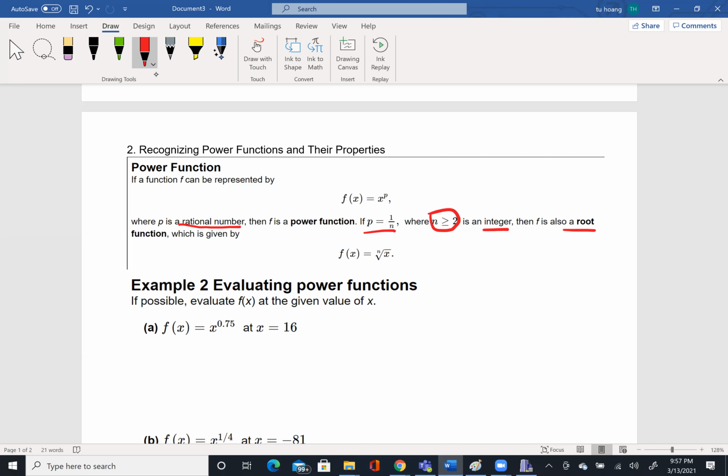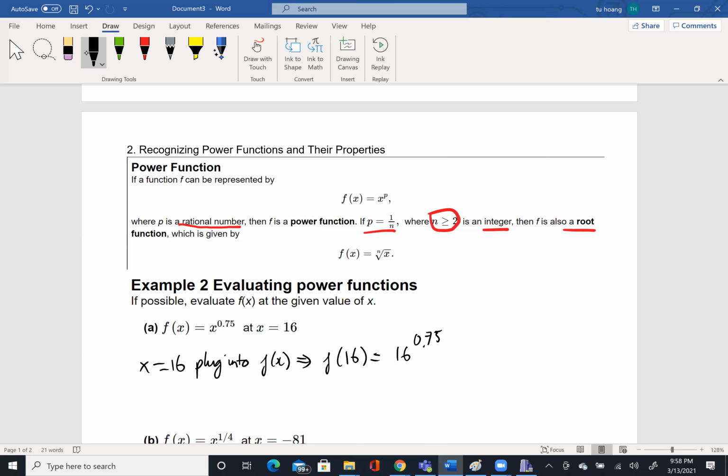Okay, so let's move to example number 2. We're evaluating a power function. Similarly to example 1, I'm gonna have x equal to 16, and then plug into f of x. We have f of 16 will be equal to 16 to the power 0.75, right?